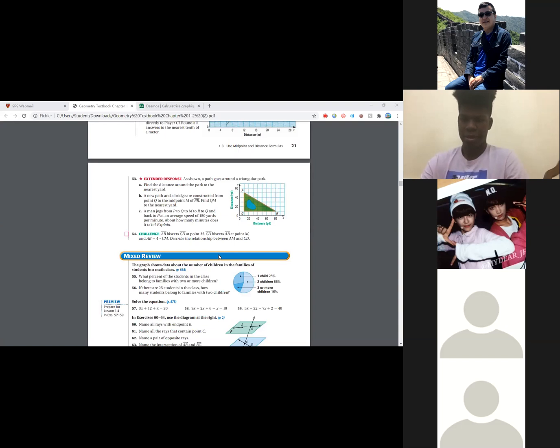But then you still have to include the distance from M to R. Oh, M to R. Okay, got it. So then it'll be another 40. So 190. 190 divided by 150. Oh, I know a shortcut to how you could do that. Earlier we had to find the length of PR, so the length of MR would have to be half of that.